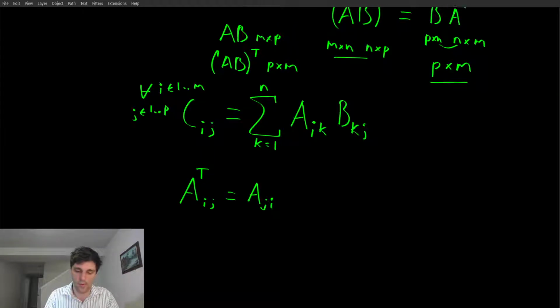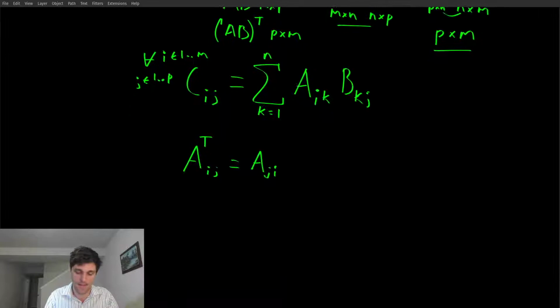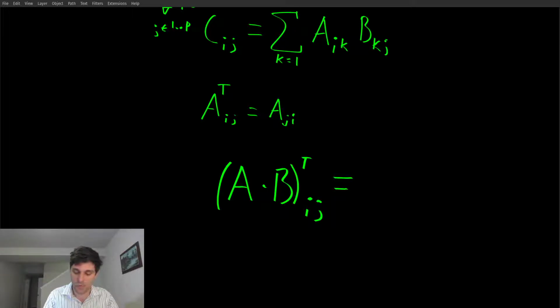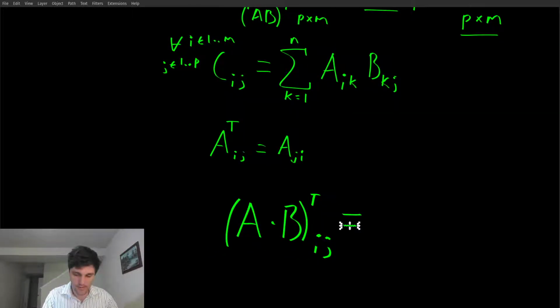I'm going to start with the left-hand side. So (A times B) transpose at any index ij is going to be equal to this guy.